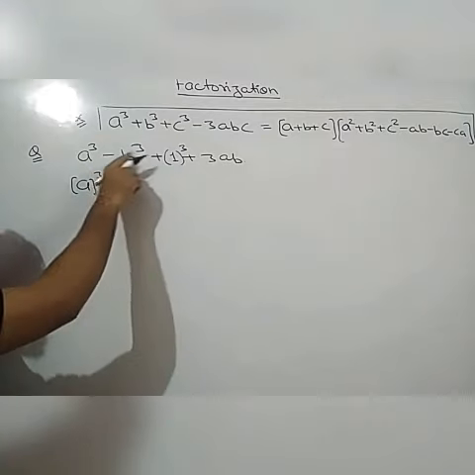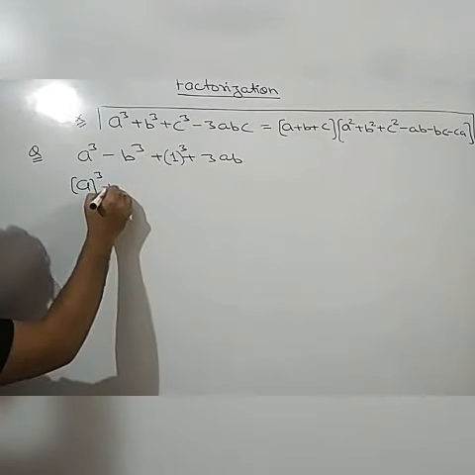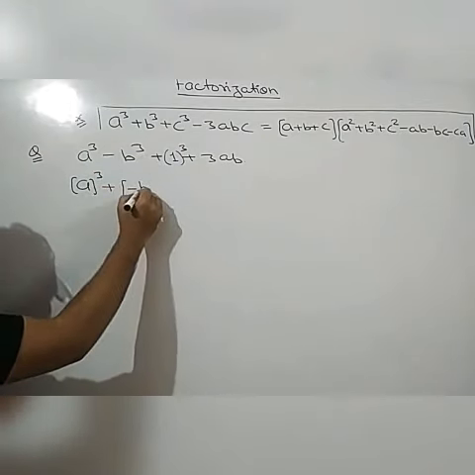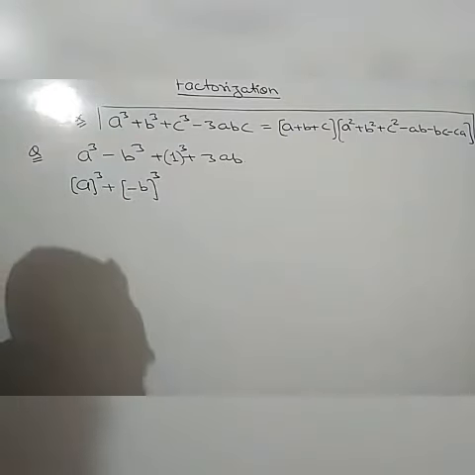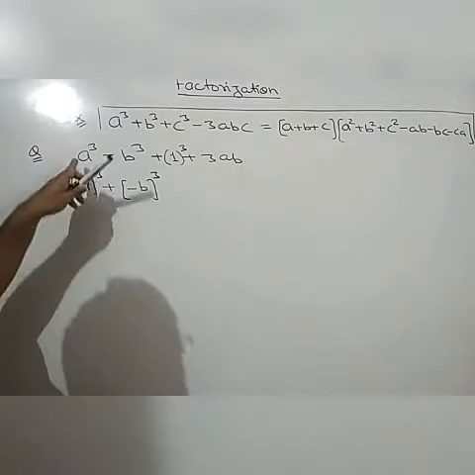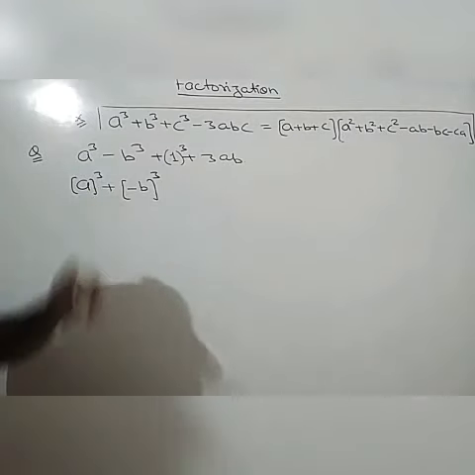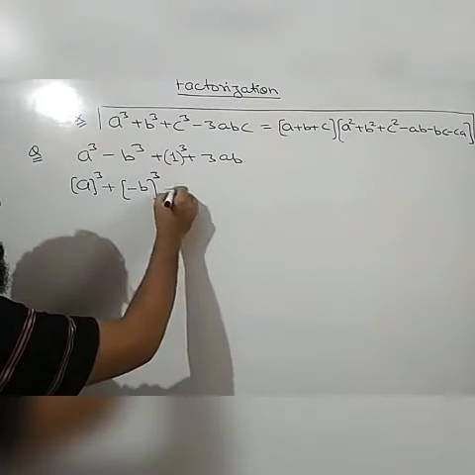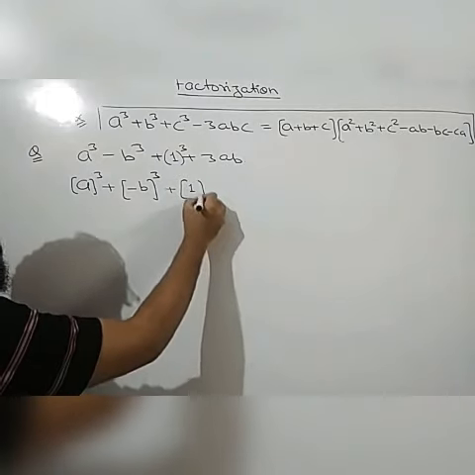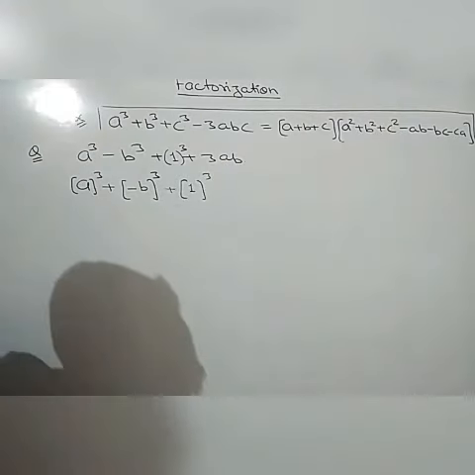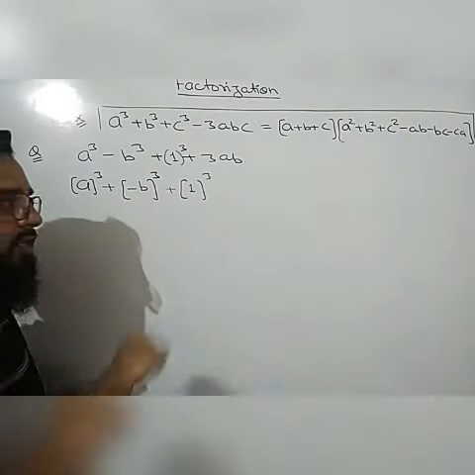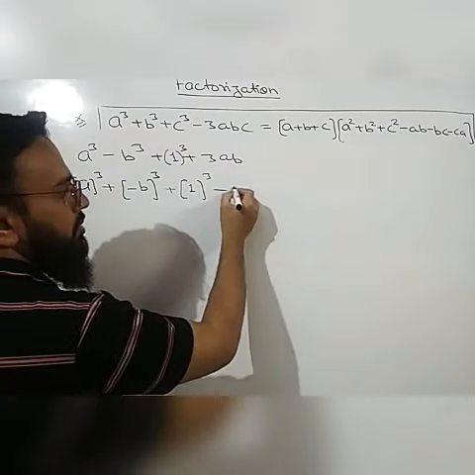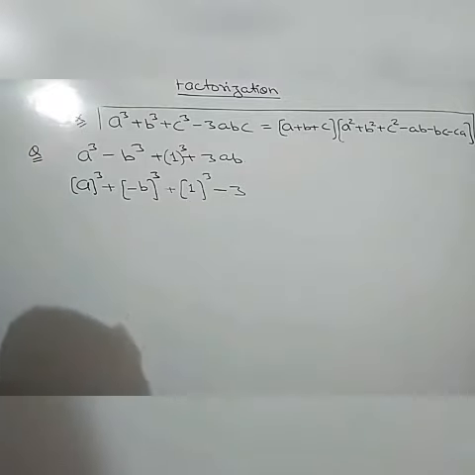Now again it is minus b cube, so we can write it as plus, and we will take minus b inside the bracket and its whole cube, like we have done in the previous question. So it is a cube plus minus b whole cube, then plus 1 cube, that is c cube. Now here it is a plus sign, but we have to convert it to a minus sign. So first take it as minus 3.